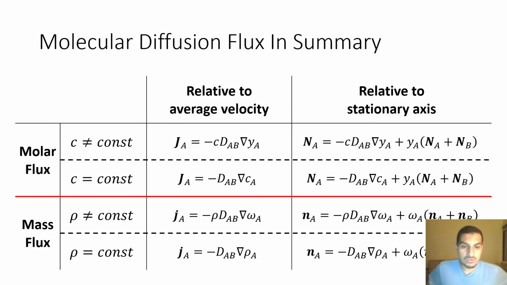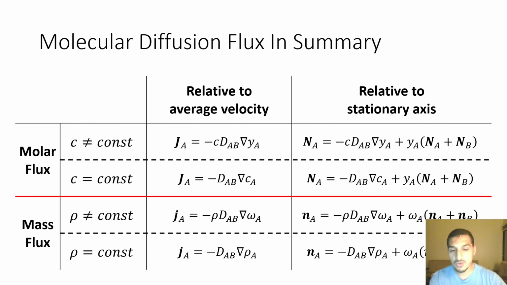The equations that you see now give you all the alternatives and all the shapes of the equation, considering all the parameters or all the options. So you have equations that can be used for molar units and for mass units. You can find equations that can be used at constant temperature and pressure or at variable temperature and pressure. You can find equations that represent the flux relative to average velocity or the stationary axis.